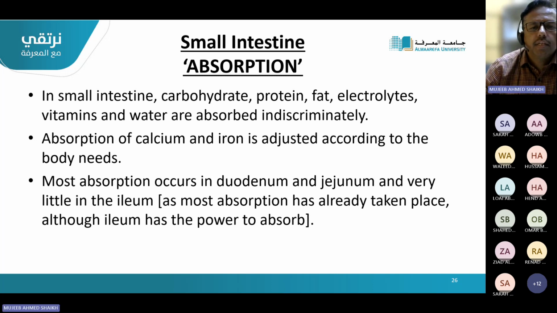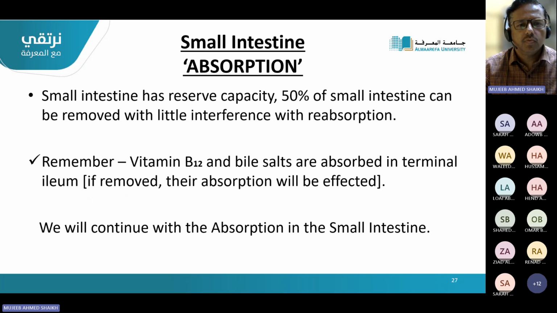Most of the absorption occurs in the first two parts only, duodenum and jejunum, whereas the rest of the parts are just like a reserve for maybe an emergency situation, except for a few elements. These are vitamin B12 and bile salts.